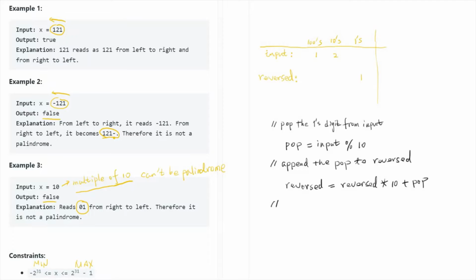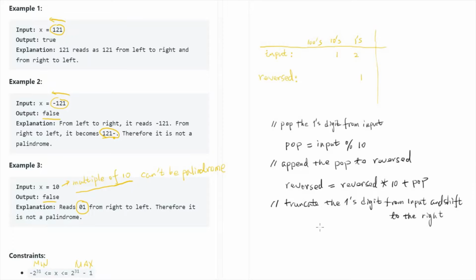And the third step, we need to shift the rest of the digits to the right. So this step is to truncate the ones digit from input and shift to the right.